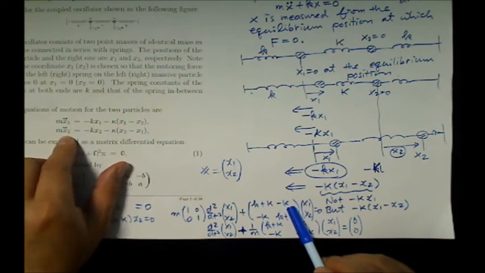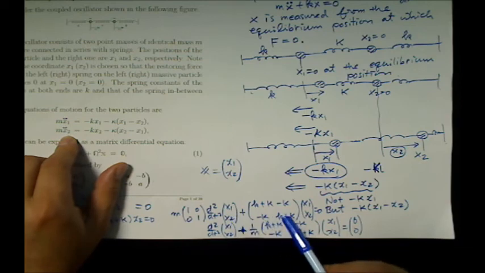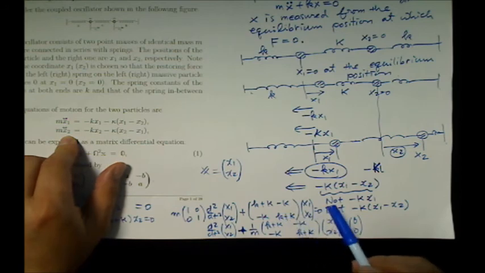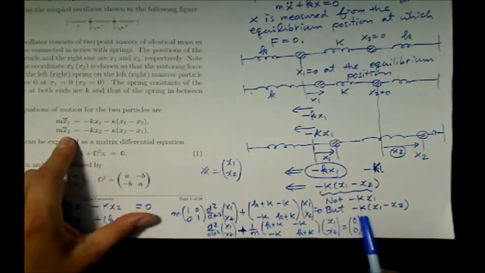The same is true for x2 equation, but the coefficients are exchanged for x1 and x2. So, the resultant equation of motion is this one.